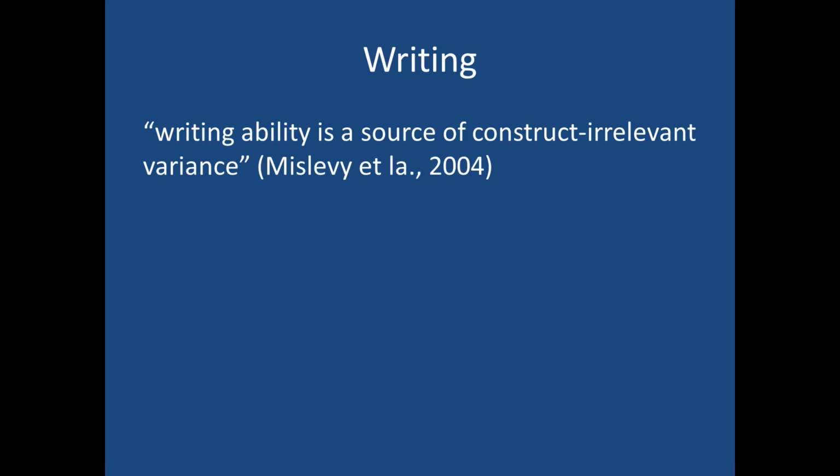And I'd like to mention this quote, which interested me quite a bit as the study began, which is that when we're assessing students on performance, writing may be a source of construct irrelevant variance. So for instance, perhaps I want to know what a student understands about a particular science concept.